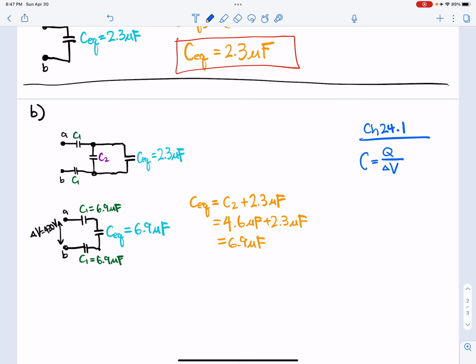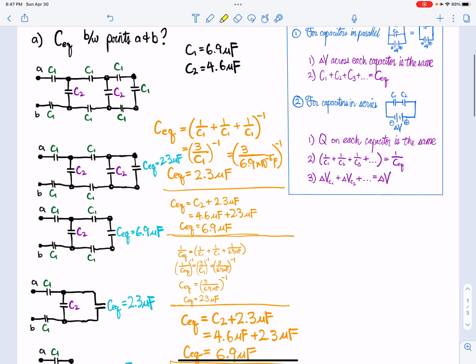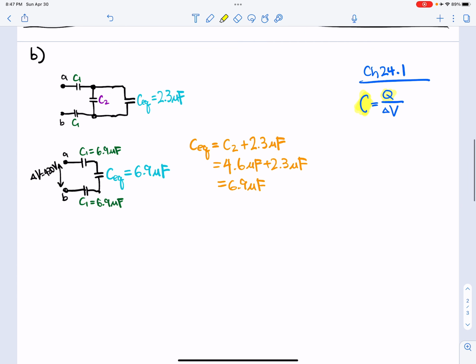Right now we have equivalent capacitance between all 3 capacitors in series. And we know that the charge on all 3 capacitors in series is the same. Charge on each capacitor is the same, and they're in series.